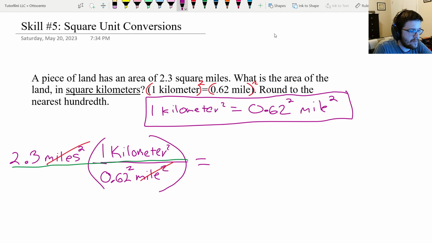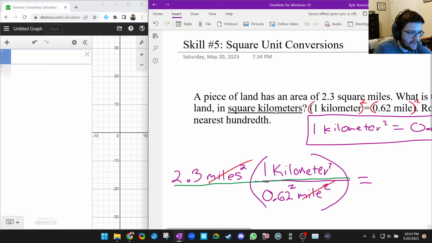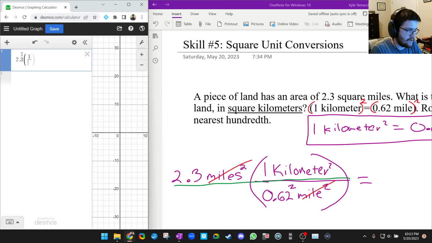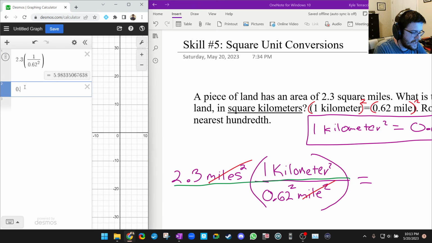So now we just need to type in 2.3 times 1 over 0.62 squared. Let's do that. So 2.3, parenthesis 1 over 0.62 squared, and we get that. If you wanted to, you could quickly type in 0.62 squared and then put that in instead. That is fine. Just do what works for you.